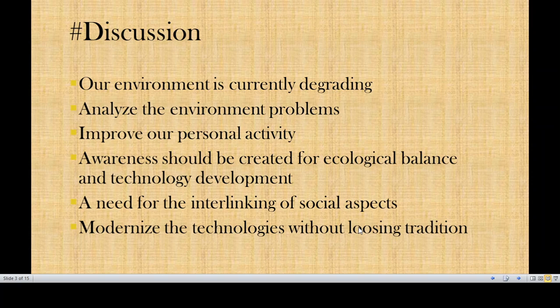Next, we have to think about the cleaners of the environment. That means we have to change our lifestyle so that at least part of the environment will be clean, and that will be called ecological balance, because a complete imbalance has been created in ecology. Hence you should develop a kind of technology. Being a student of engineering, or simply a student or a citizen, one should have a good idea how to develop a technology, and how to use it so that the environment also benefits.